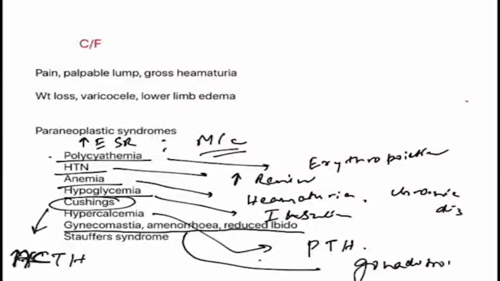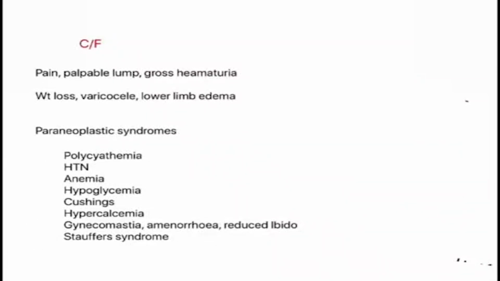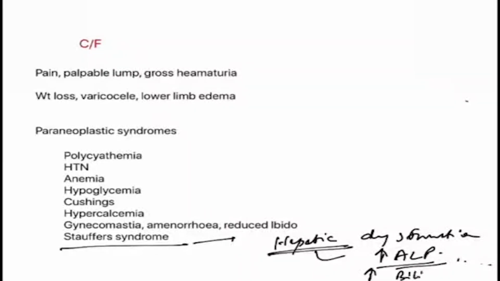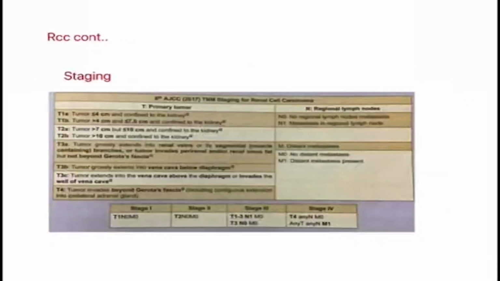Gynecomastia, amenorrhea and reduced libido are due to ectopic gonadotropin secretion. And Stauffer syndrome. Stauffer syndrome is non-metastatic hepatic dysfunction, in which the liver function tests show increased ALP and increased bilirubin, and this is due to increased production of interleukin 6.